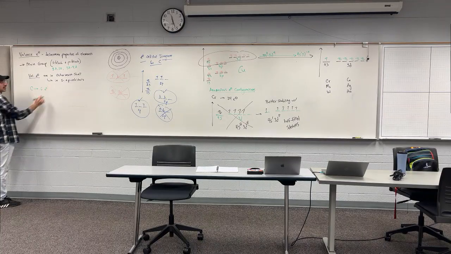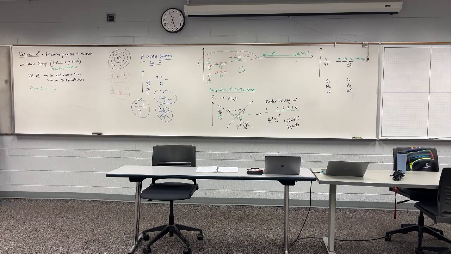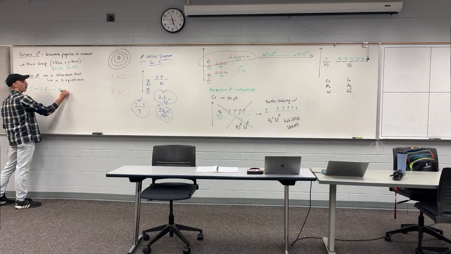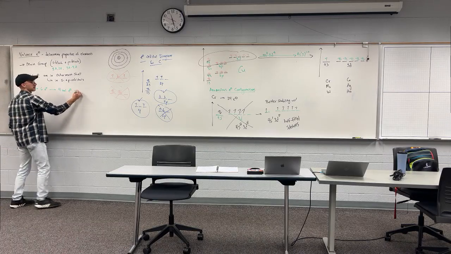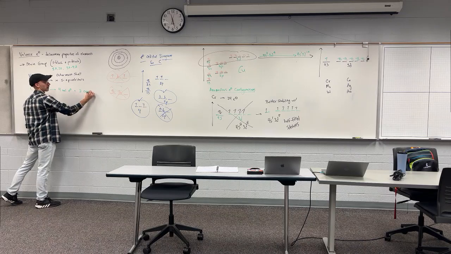Carbon has 6 electrons. Carbon being in the second row has 2 electrons in the 1s2, and then 4 electrons between 2s2, 2p2. So that means that carbon has 4 valence electrons plus 2, what term can we give them? Those electrons that are not in the outermost shell, those that are in the innermost shell, we'll call them core electrons.